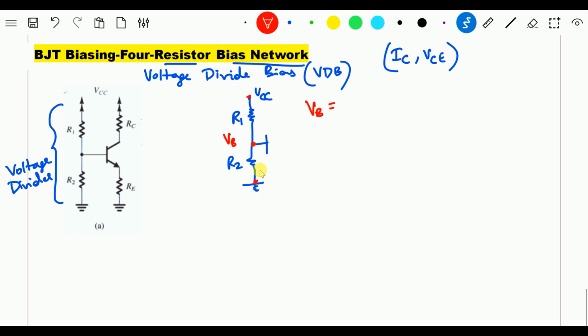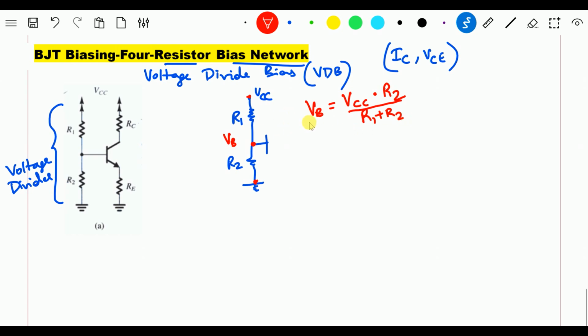So the equation of VB, according to the voltage division rule, is equal to the total voltage VCC multiplied by the resistance across which the voltage is being calculated, which is R2, divided by R1 plus R2.